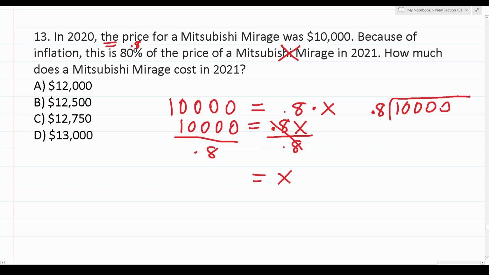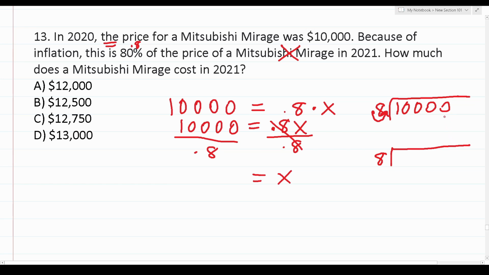As long as the decimal's inside the division bracket, you're good to go. If, however, the decimal's outside the division bracket, such as it is in this case, you actually have to shift that decimal to get rid of it. So we have a decimal outside the division bracket in 0.8, so we're going to shift it one time to the right to make it 8.